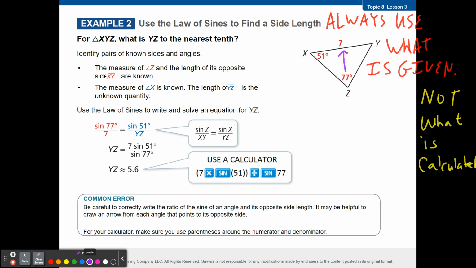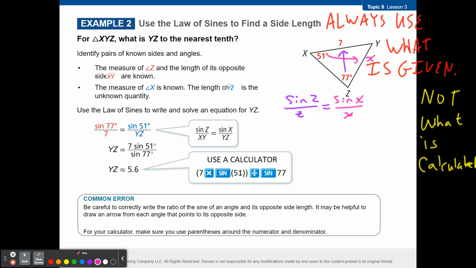So whenever I'm looking to find the sides, I should use the z's in my law of sines. So this is going to be set up the following way. The sine of Z over baby z equals, now they want us to find YZ right here, so I'm going to have the sine of X over little x.